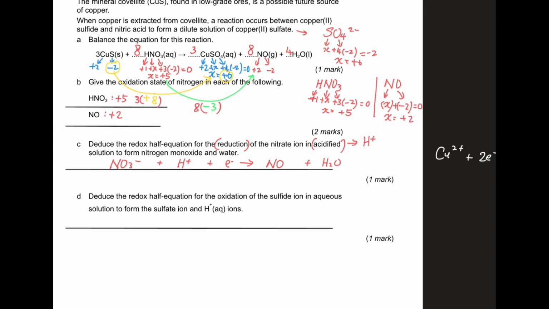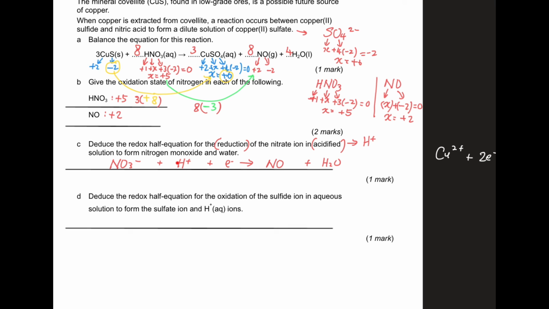Okay, so to balance the equation, let's see. We look at nitrogen. 1 to 1. Okay, nitrogen is okay. We just leave it like this first. And then hydrogen, H plus and H2. Seems like I need 2 here.